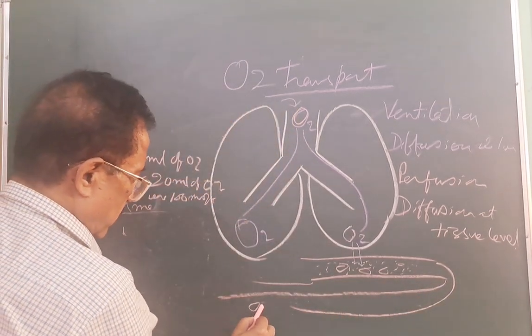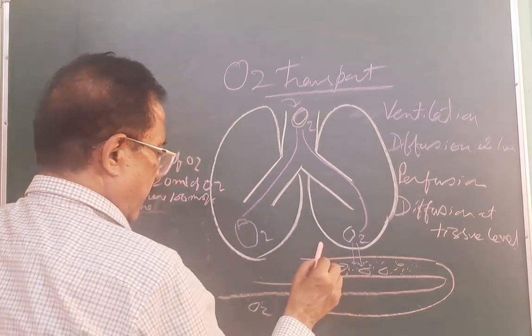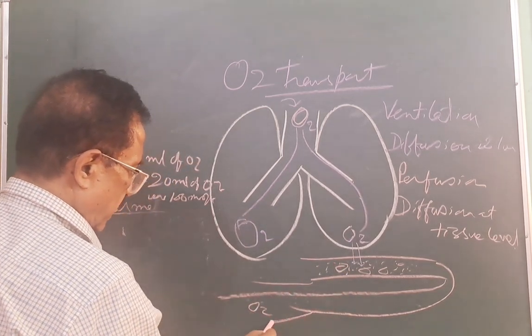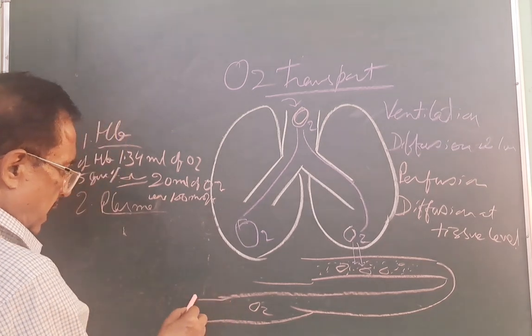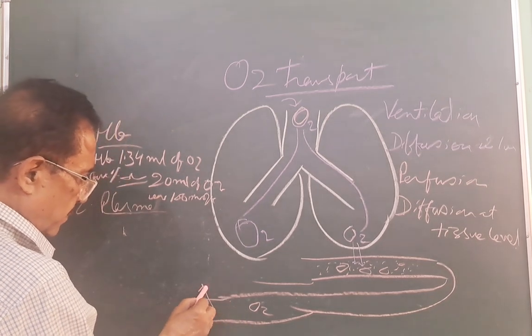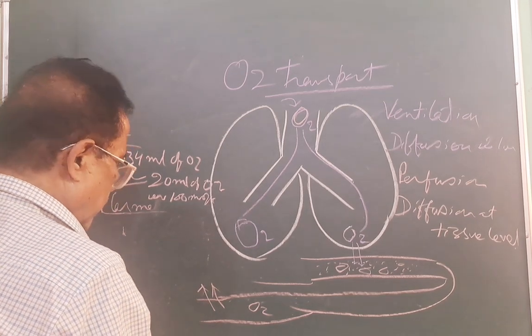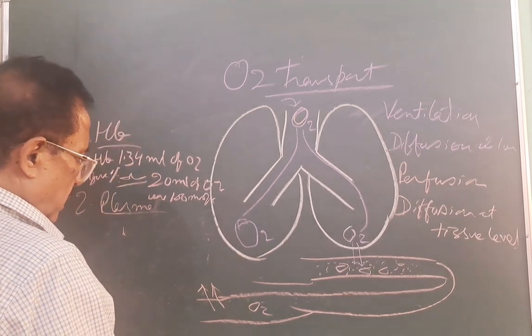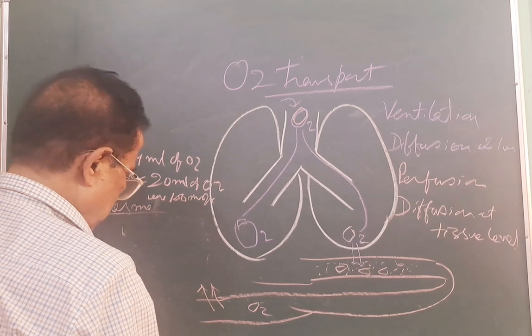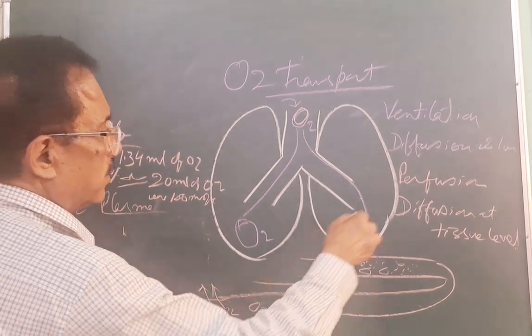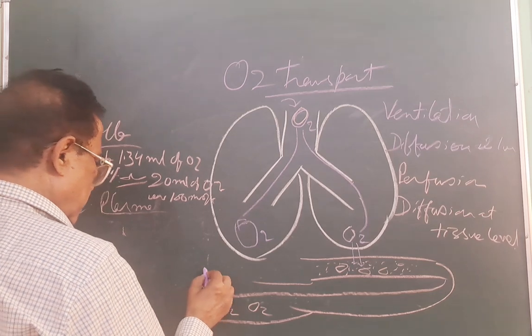Oxygen is being transported by hemoglobin as well as in plasma, although in plasma it is very less in amount. At tissue level, oxygen will diffuse out into the tissue. That is the fourth stage, diffusion at tissue level.